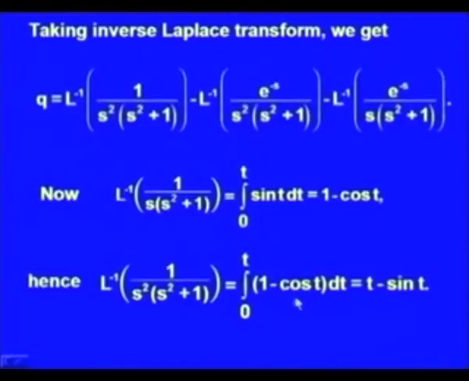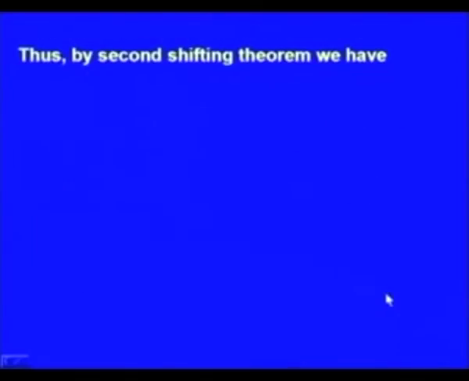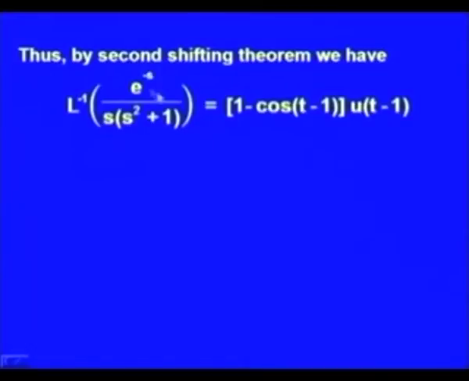So, when we integrate this and put the limits, we get the inverse Laplace transform as t minus sin t. And then let us apply the second shifting theorem. Inverse Laplace transform of e to the power minus s over s into s square plus 1 will be equal to 1 minus cos of t minus 1 into u of t minus 1, because we know that inverse Laplace transform of e to the power minus as into f s is equal to f of t minus a into u of t minus a.